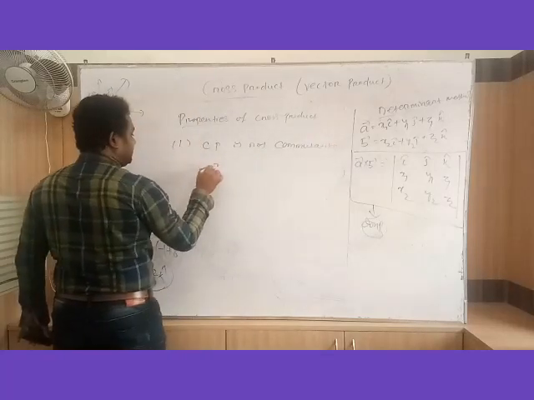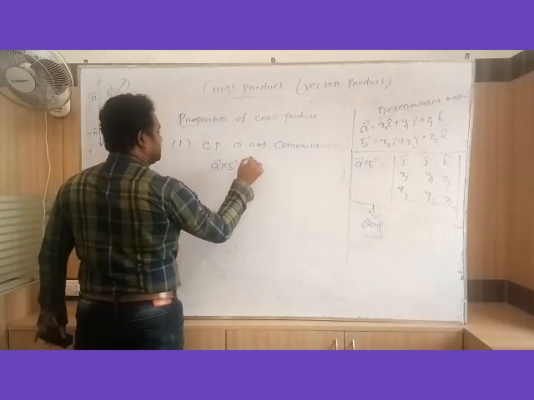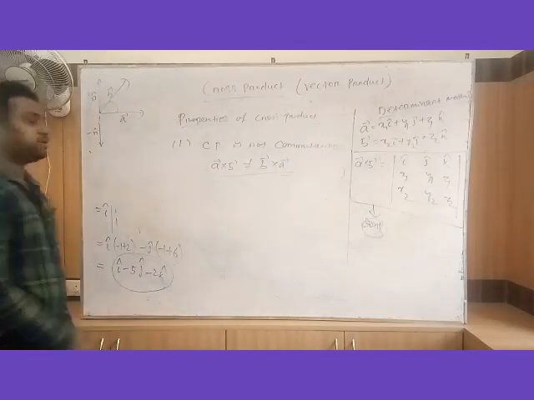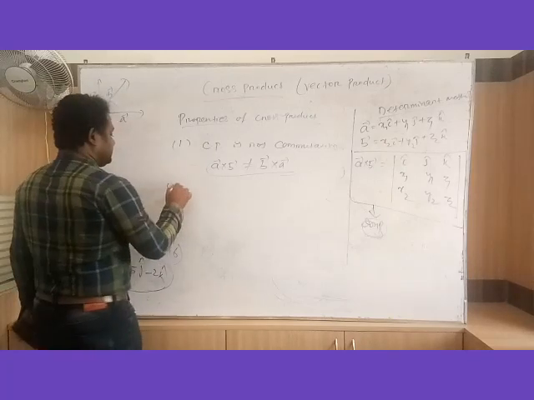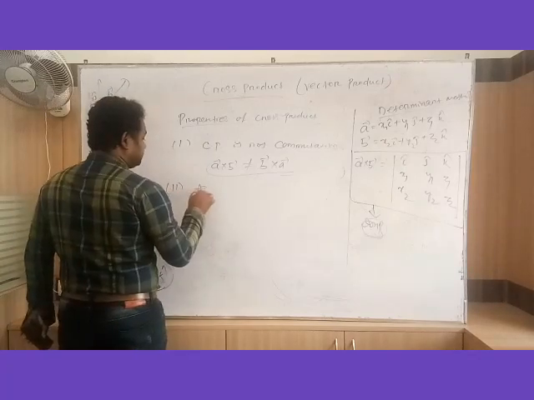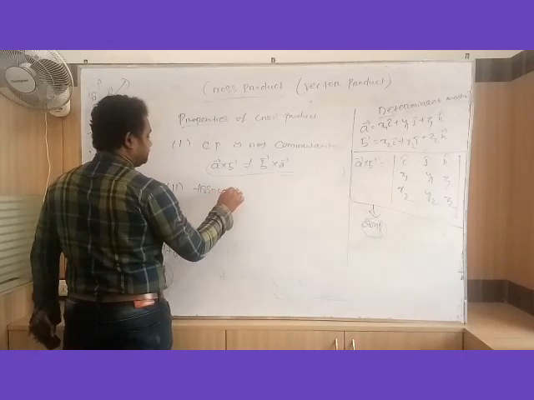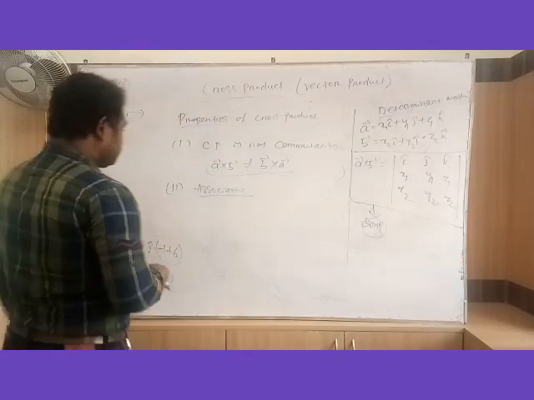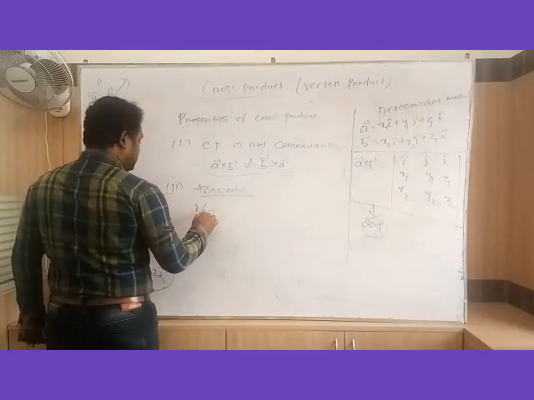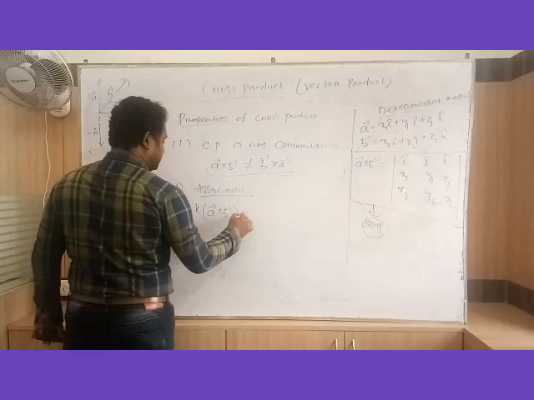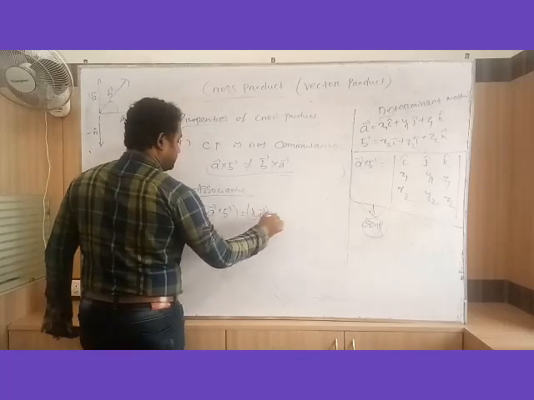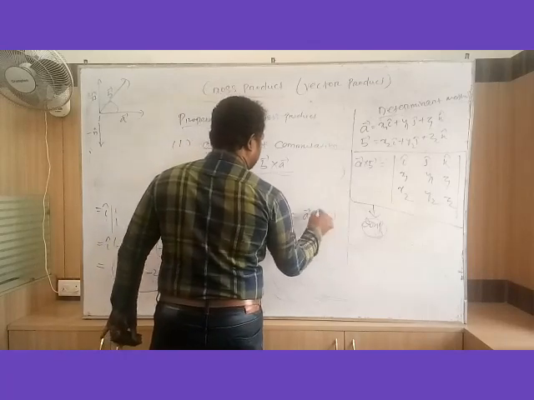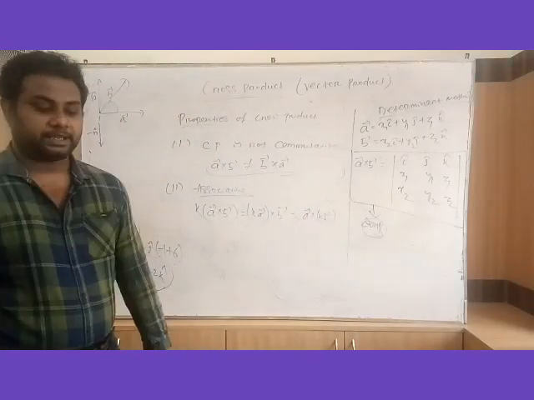Not commutative means a cross b is not equal to b cross a. Second, it is associative with a scalar. Let k be a scalar, then k a vector cross b vector equals a vector cross k b vector. Okay, associative.